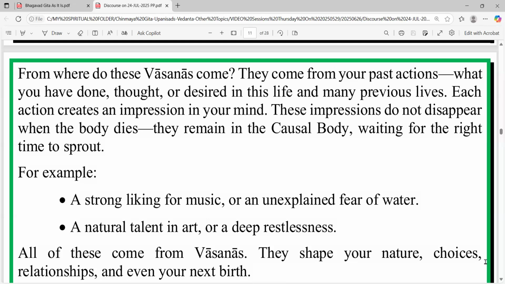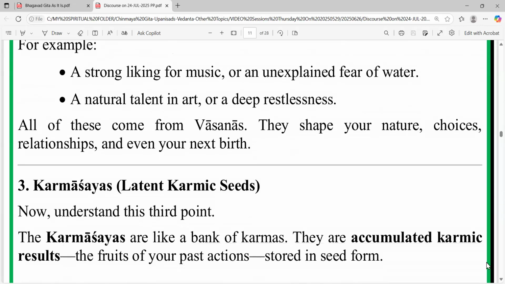These impressions do not disappear when the body dies. They remain in the causal body, waiting for the right time to sprout. For example, a strong liking for music or an unexplained fear of water, a natural talent in art, or a deep restlessness. All of these come from vasanas. They shape your nature, choices, relationships, and even your next birth.